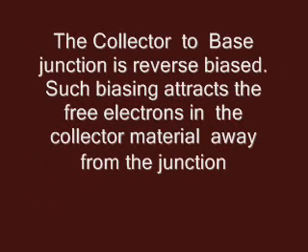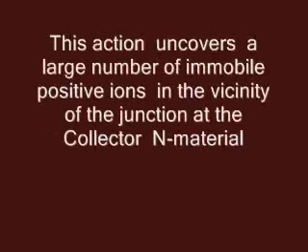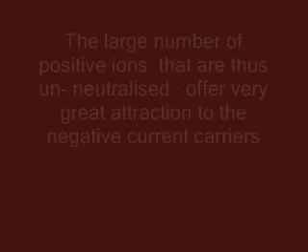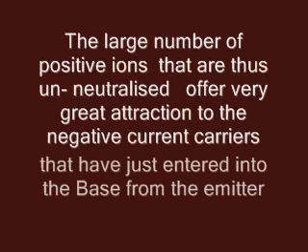Such biasing attracts the free electrons in the collector material away from the junction. This action uncovers a large number of immobile positive ions in the vicinity of the junction at the collector N material. The large number of positive ions that are thus unneutralized offer very great attraction to the negative current carriers that have just entered into the base from the emitter.